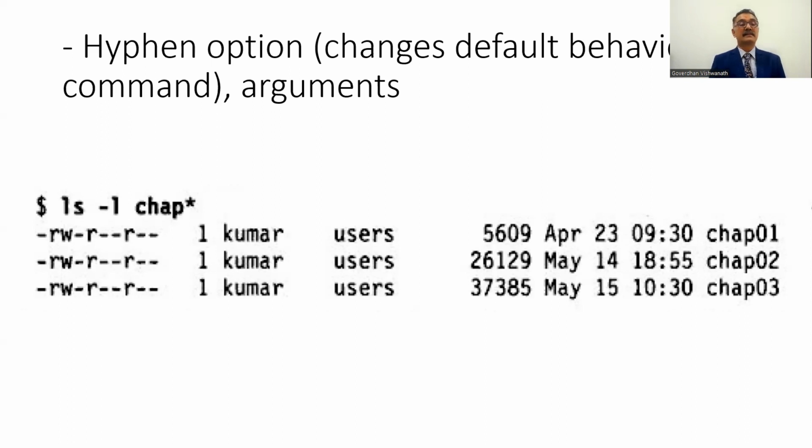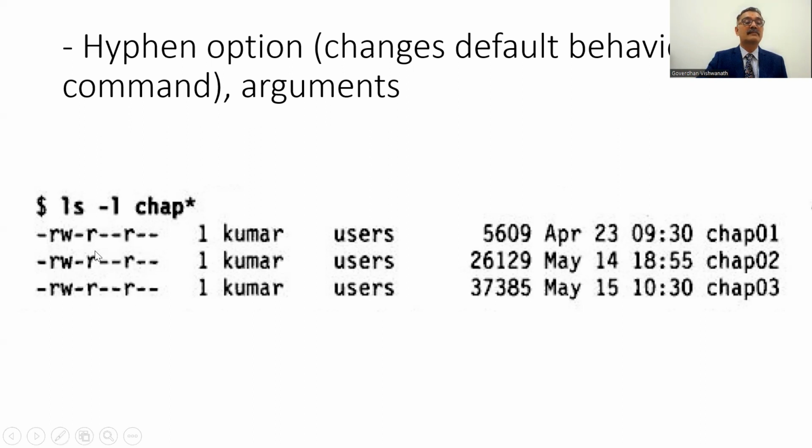The default is to list all file names in that directory in one column. If I say ls minus l, it will list different attributes of the file. These are called attributes of the file.